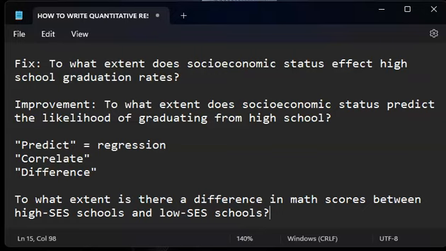Again, some of this is inferential statistics language, so you can ignore that. That's beyond this course.